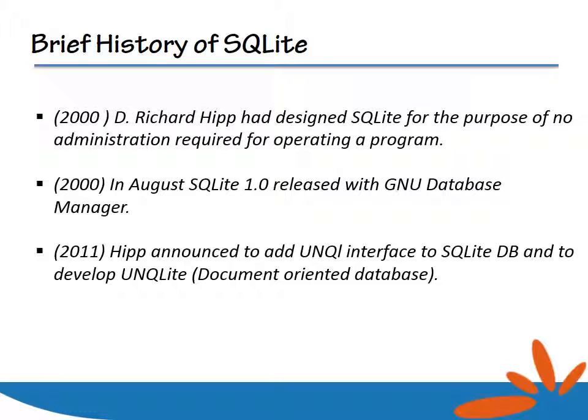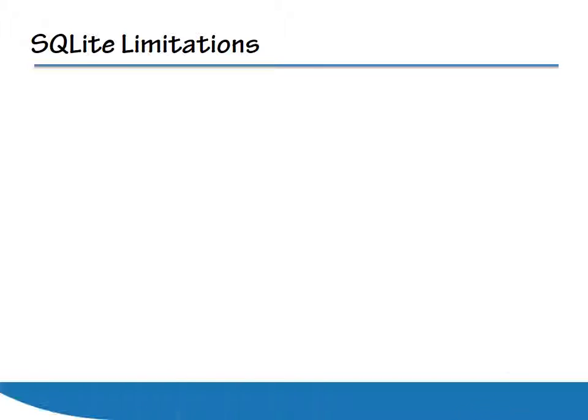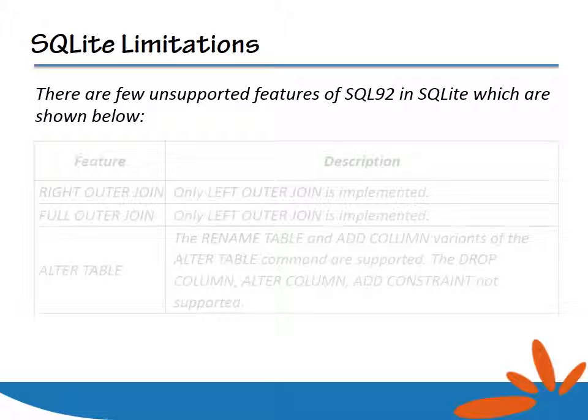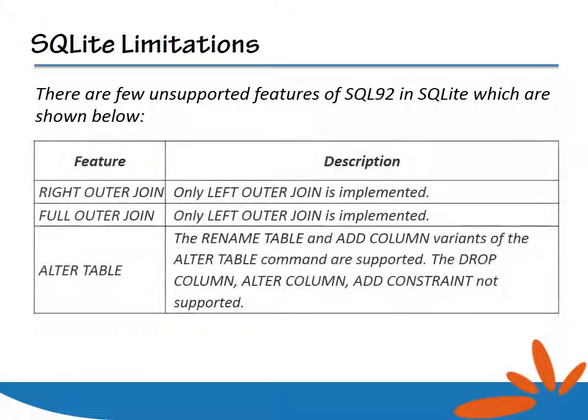Similar to any other databases, SQLite has its own limitations with respect to SQL92, which are shown below. For example, for the right outer join, only the left outer join is implemented. For the full outer join, only the left outer join is implemented. For ALTER TABLE, the rename table and add column variants of the command are supported, but drop column, alter column, and add constraint are not supported.